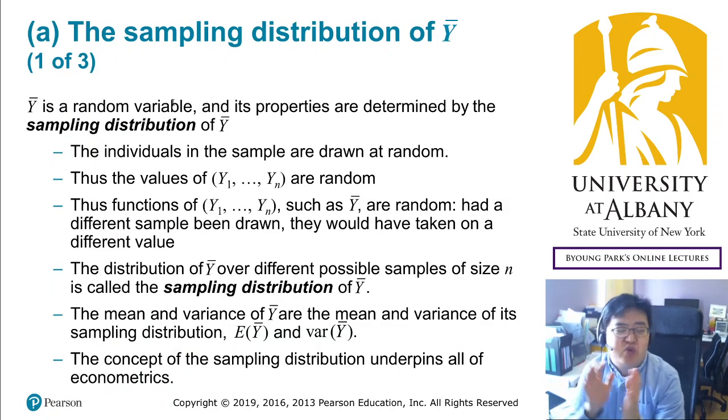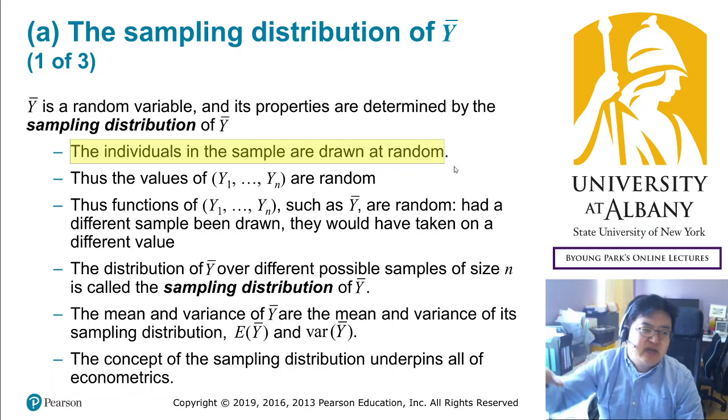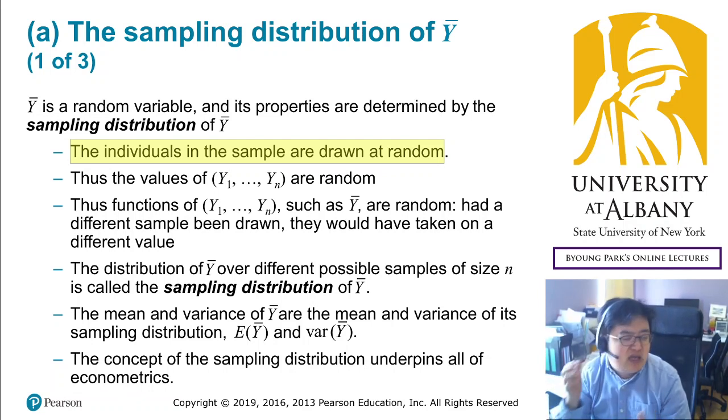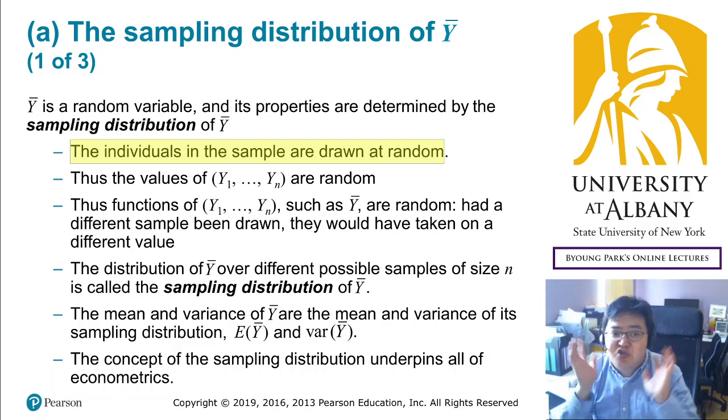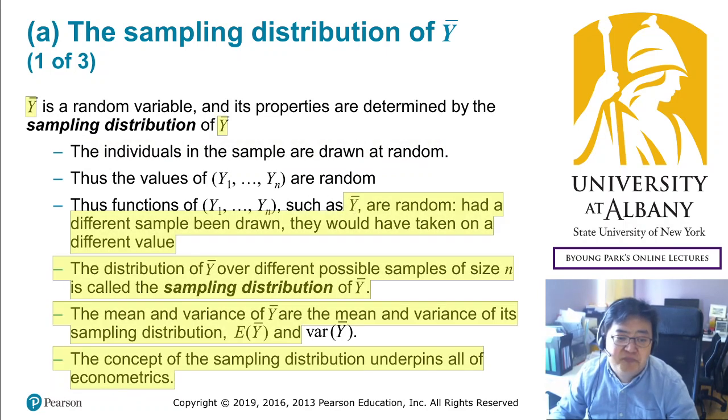So then we have to understand the concept of the sampling distribution. Sampling distribution of y bar. Y bar is random because, so think about this, y bar is calculated this way. You randomly draw a set of individuals from the population, and that is your random sample. And from those realized outcomes in your sample, you calculate the average y bar.